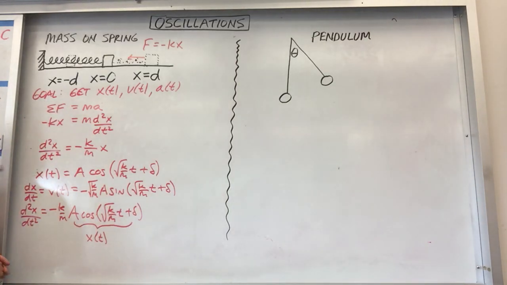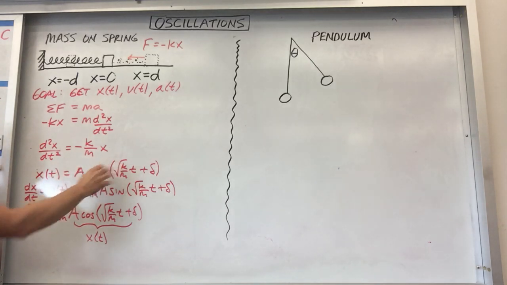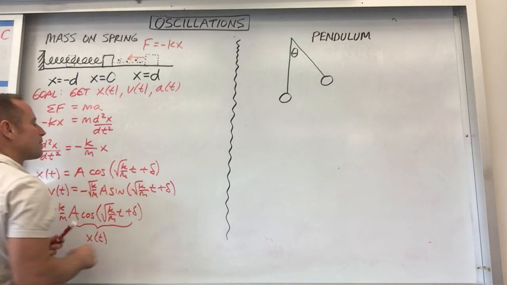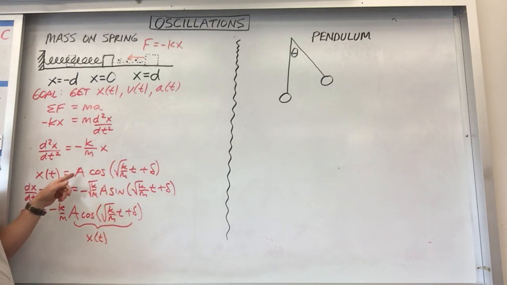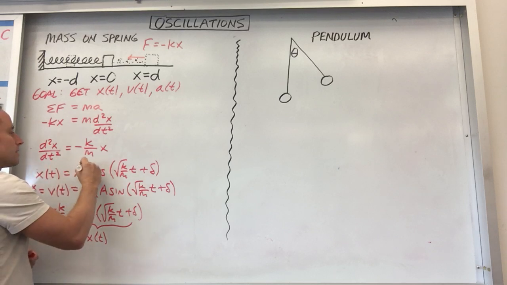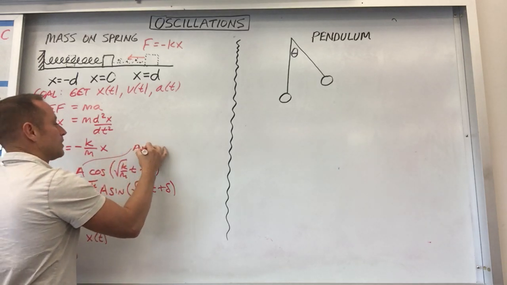Now just looking at the parts of this thing, we have this function that's supposed to represent the position. If you remember from, say, your days in pre-calculus, this constant in front of the trig function is the amplitude. So this guy is the amplitude of the wave.